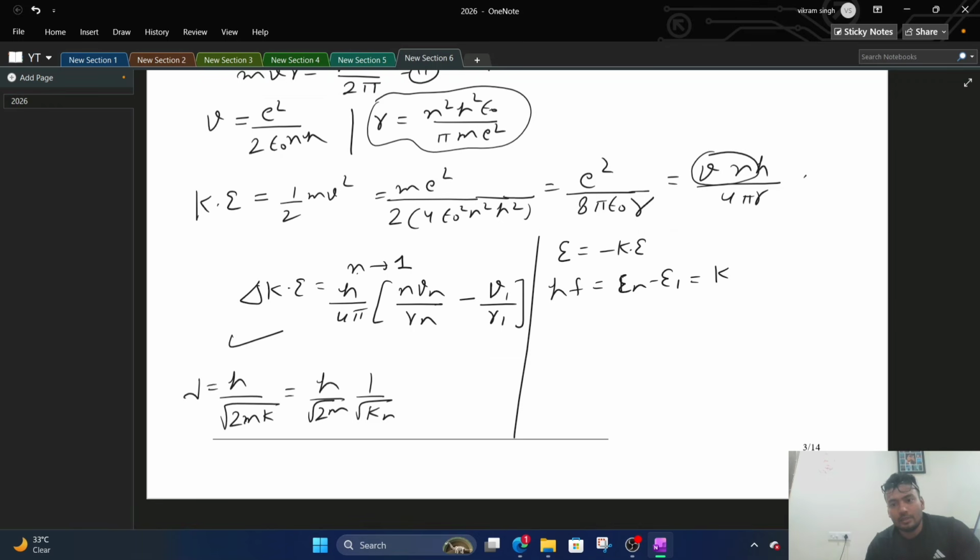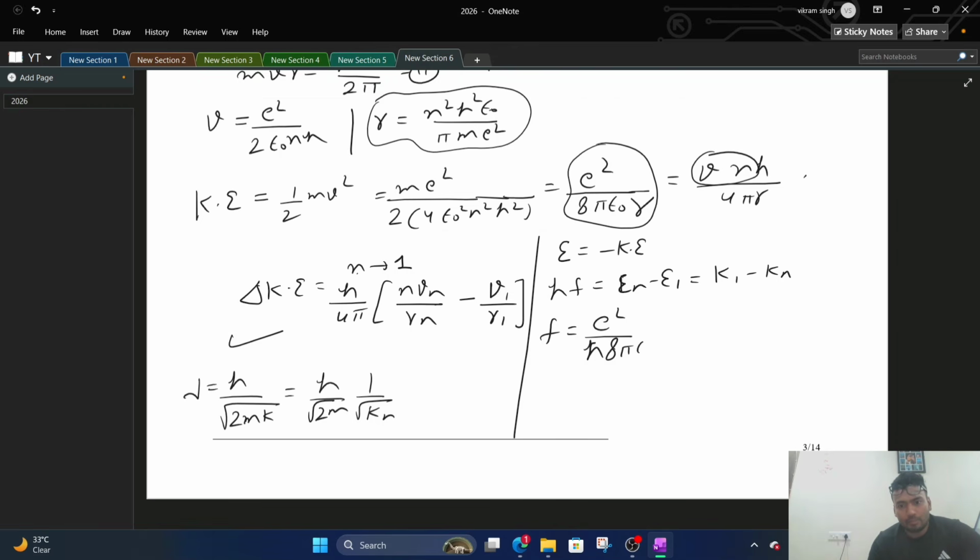So it will become kinetic energy 1 minus kinetic energy in nth orbit, right? So from this relation, for the value of f and kinetic energy, you can use this relation, this one. So e square by h, I'm taking outside, this h is coming downside.